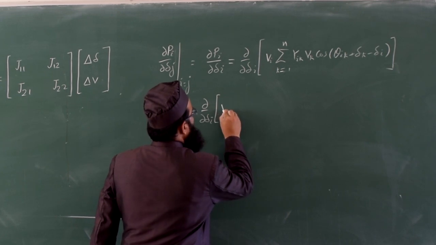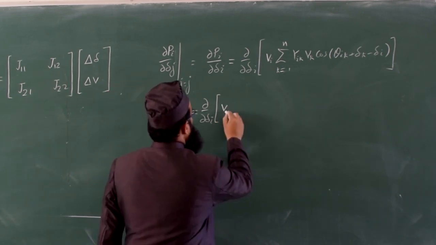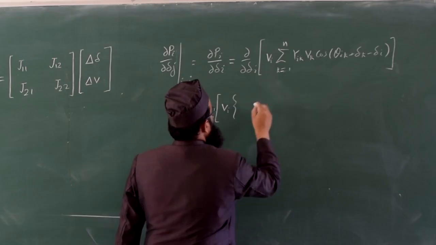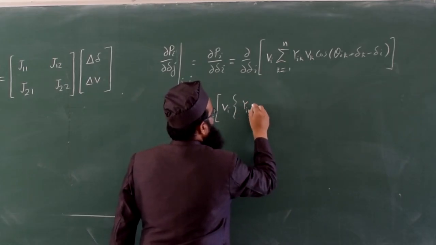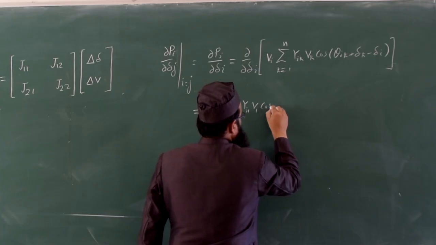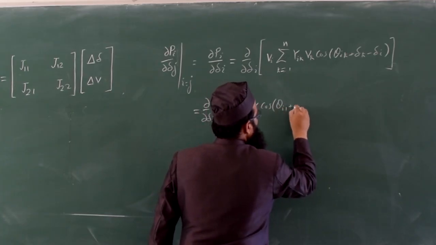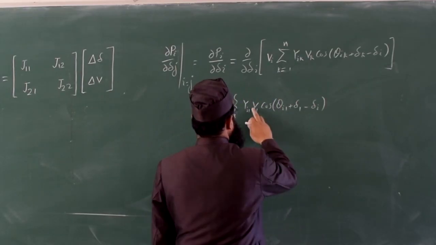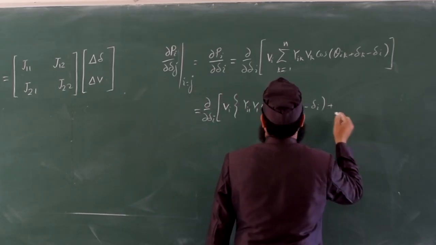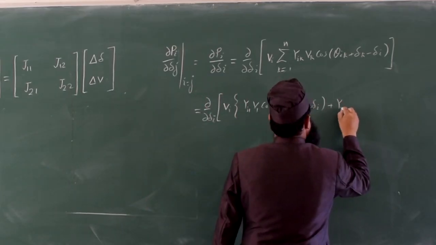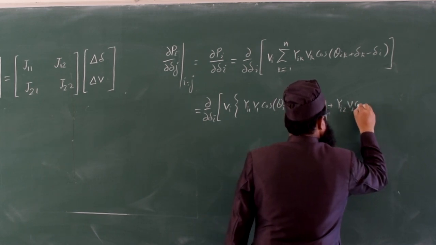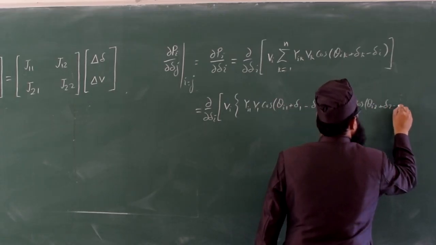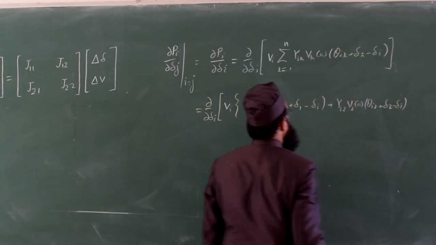So the first term will be Vi, take it common as Vi is constant for δi. First term Yi1 V1 cos(θi1 plus δ1 minus δi), because k is equal to 1. First term, plus second term Yi2 V2 cosine of (θi2 plus δ2 minus δi), plus so on.